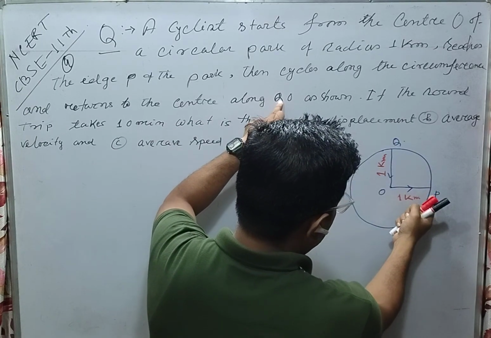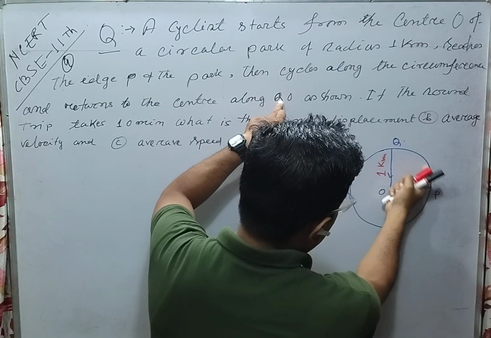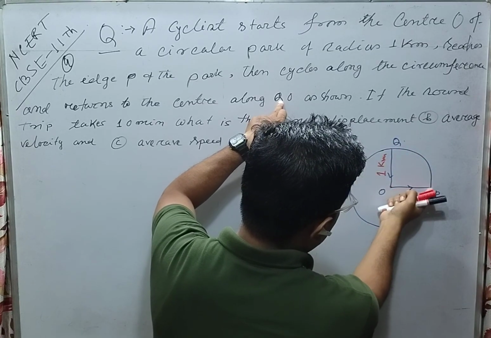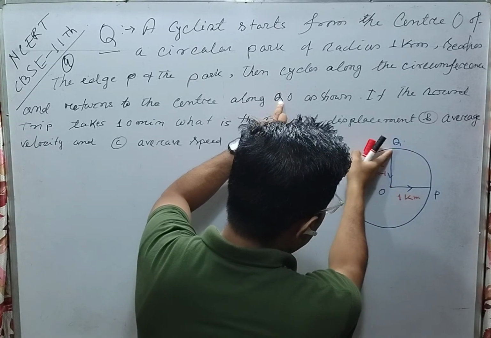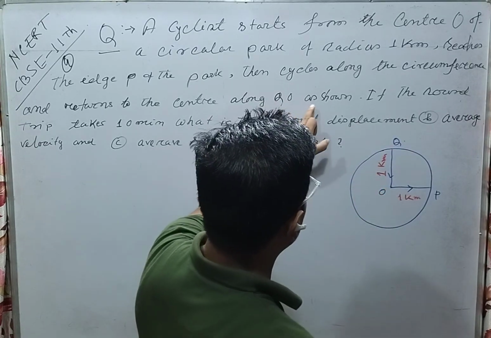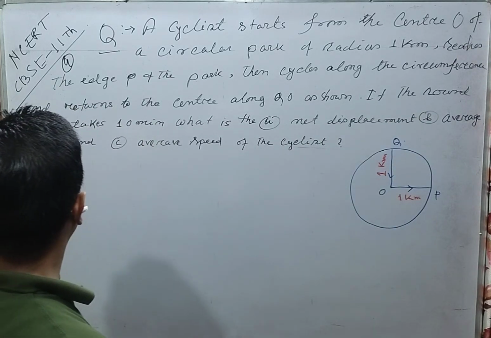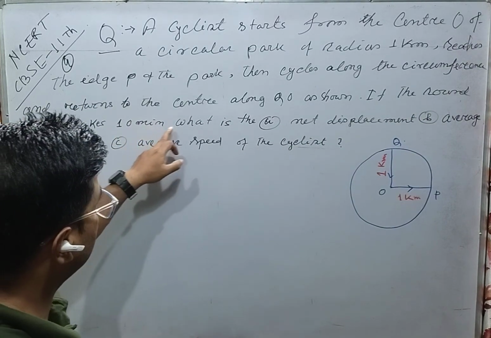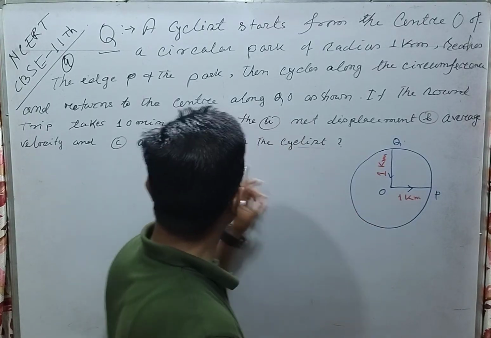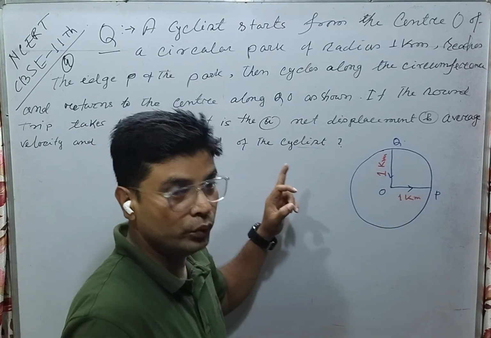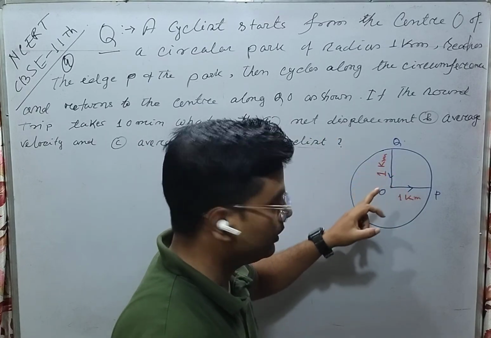From point P the cyclist goes along the curve PQ, and enters through point Q into the center along QO, as shown in the figure. If the round trip takes 10 minutes, the total time taken by the cyclist is 10 minutes, then we need to find out the net displacement.